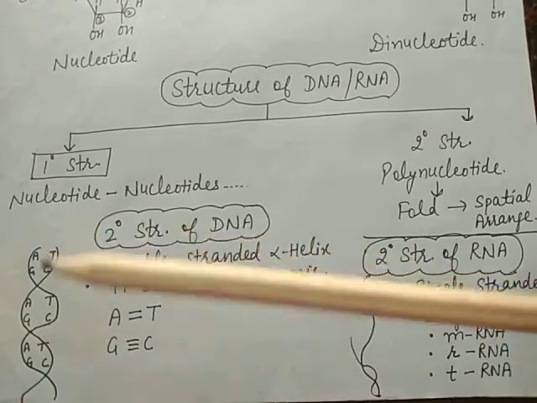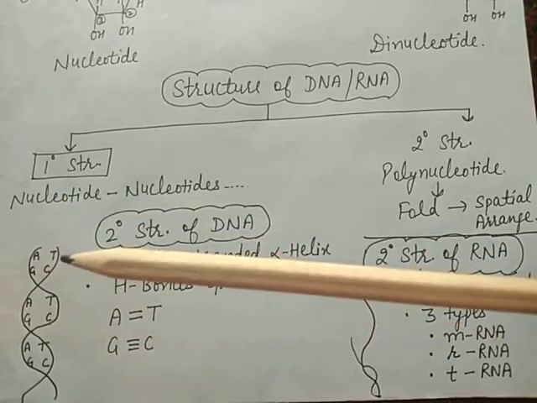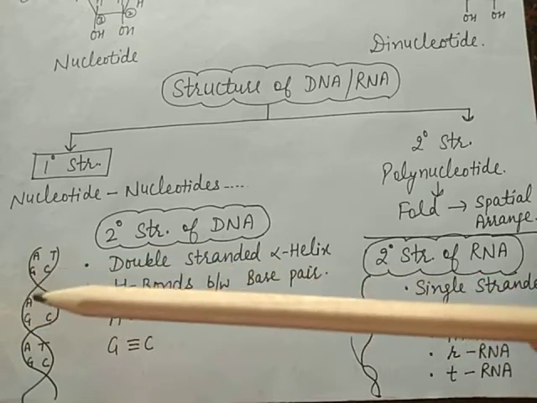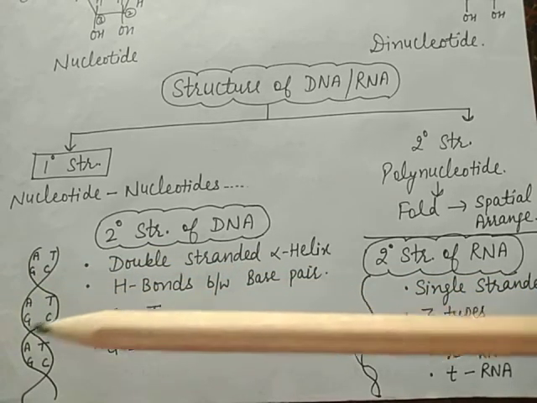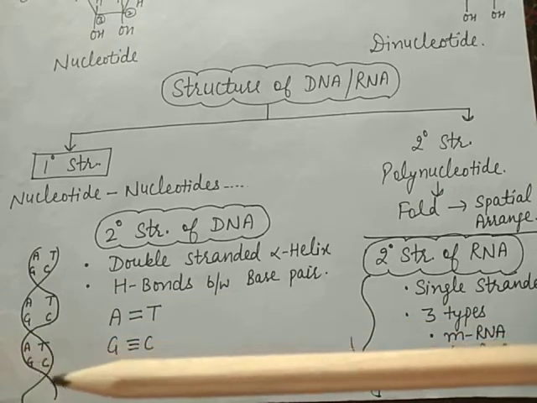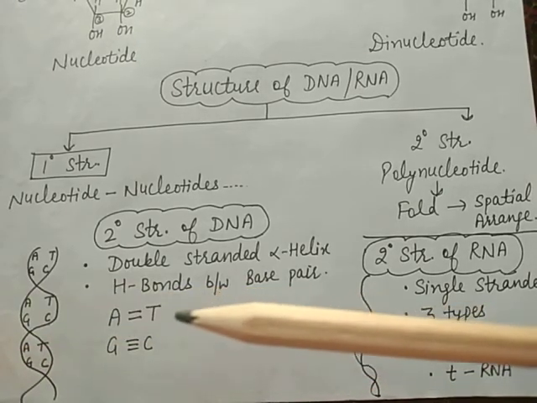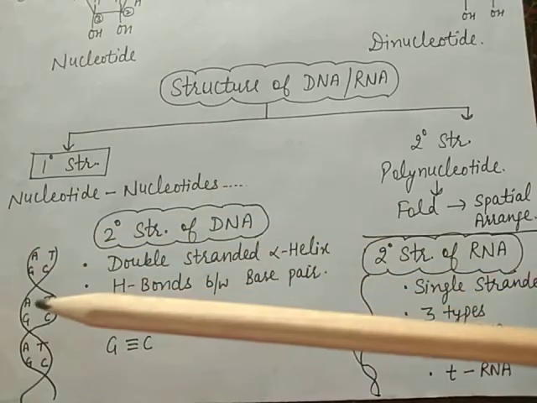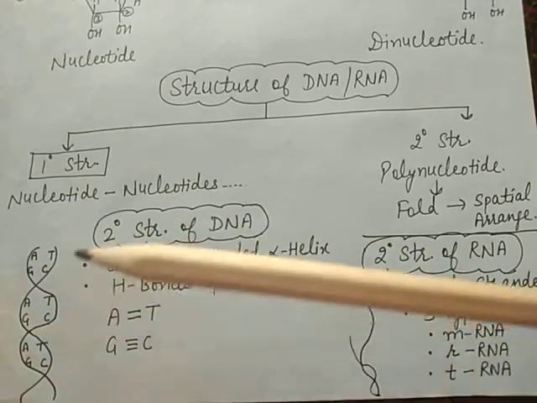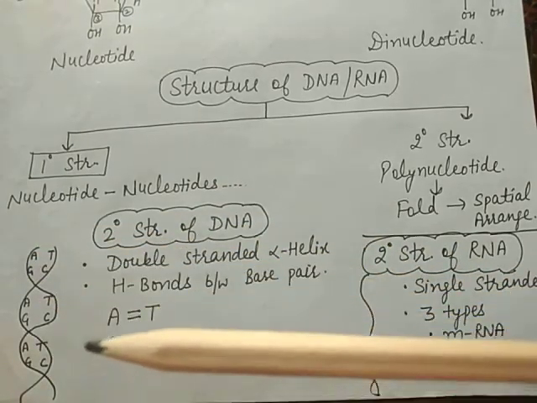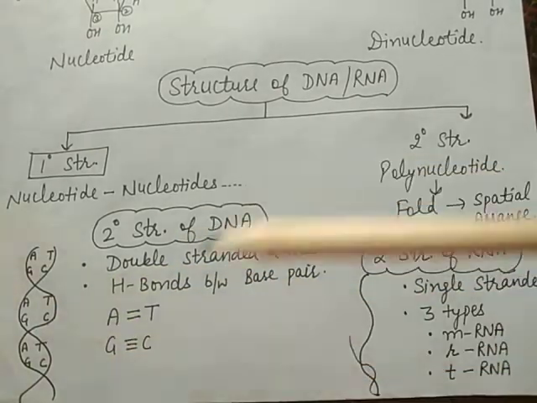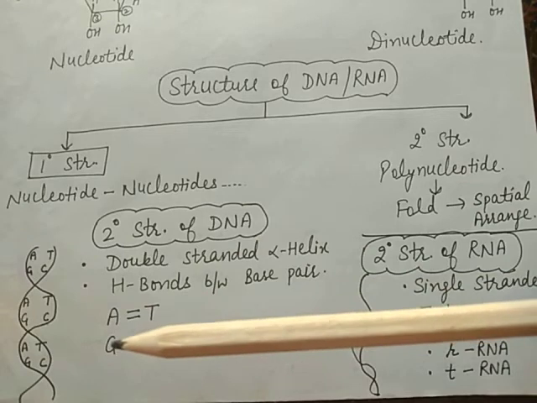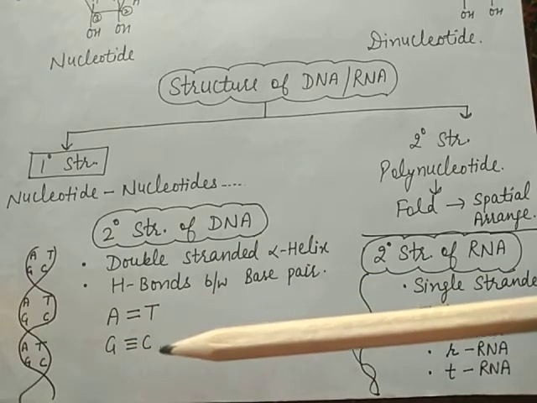The bases are adenine, thymine, guanine, cytosine. The two strands are complementary to each other because hydrogen bonds are formed between specific pairs of bases: A combines with T and G combines with C.